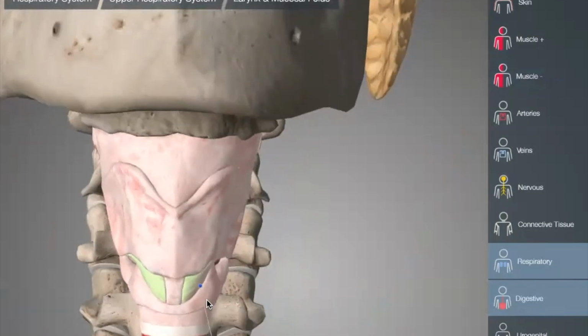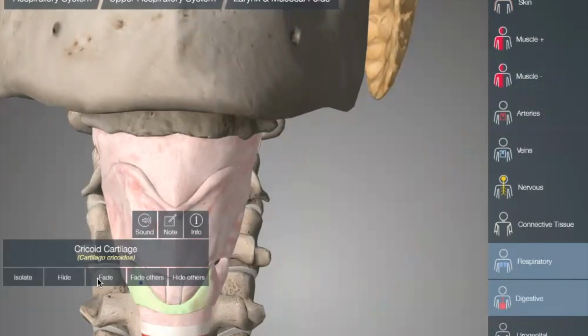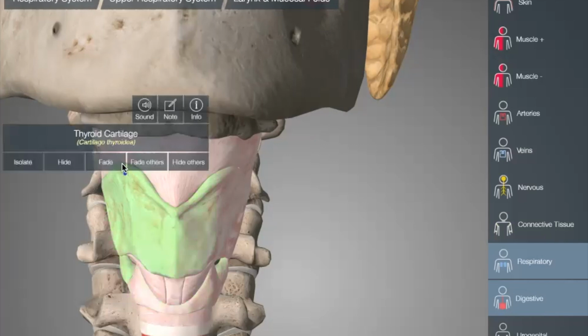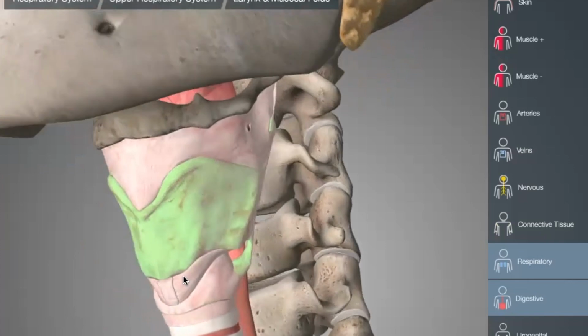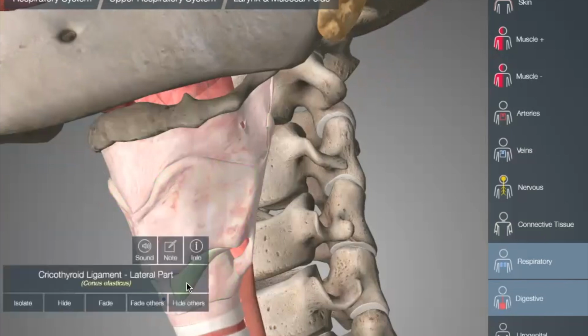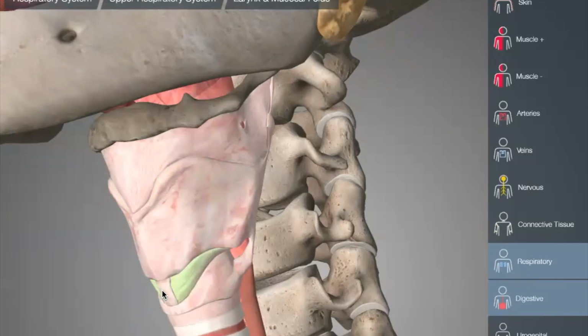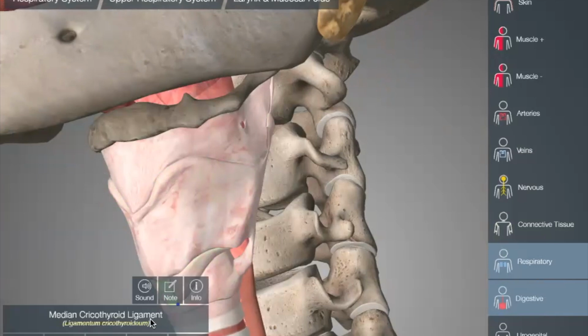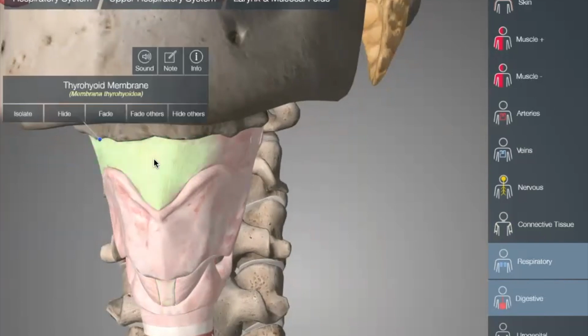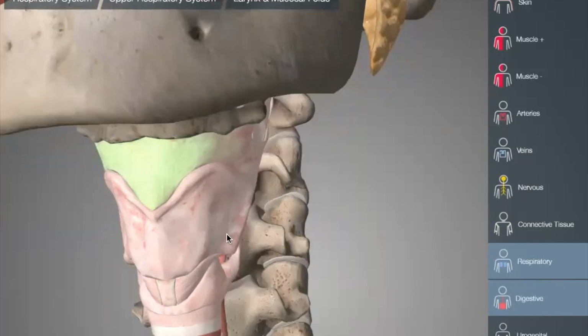The outer structure first: we have the cricoid cartilage and the thyroid cartilage. The thyroid cartilage is superior and the cricoid cartilage is found inferior. What connects the thyroid cartilage to the cricoid cartilage? The cricothyroid ligament, the lateral part, and you have the median part, or the median cricothyroid ligament. What connects the thyroid cartilage to the hyoid bone is the thyrohyoid membrane. Okay, these are the external structures.